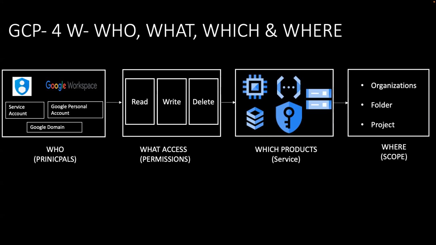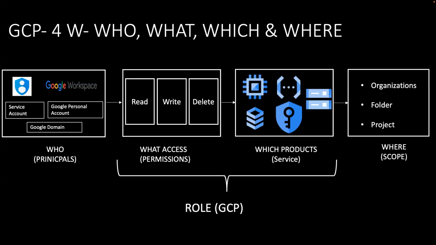Then in GCP, you can provide access to your resources to your Gmail account or to your Google personal account. And you will be able to provide access to your resources to the entire Google domain as well. In GCP, if we combine what and which, they call it role. It's very similar to Microsoft Azure.